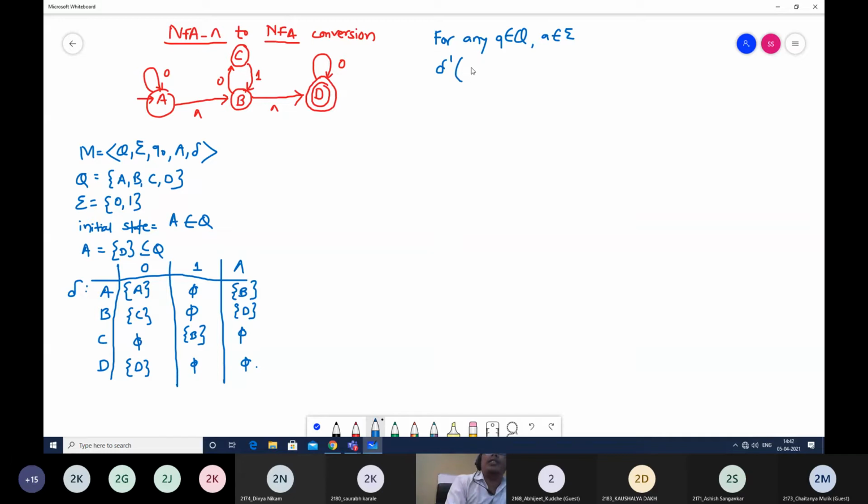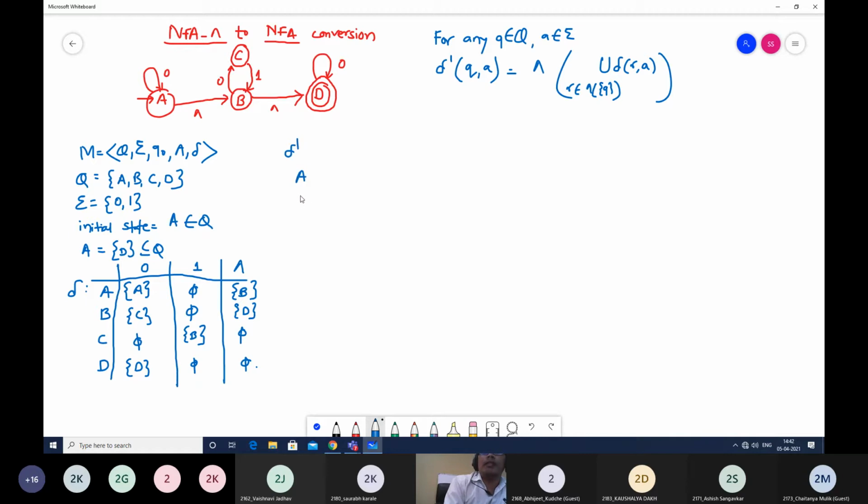So delta dash will be calculated for all states and all symbols of our alphabet as the null closure of the union of delta of R comma A, where R belongs to the null closure of Q. We have to do this for all states and all symbols of the alphabet. This is how we are going to construct delta dash.